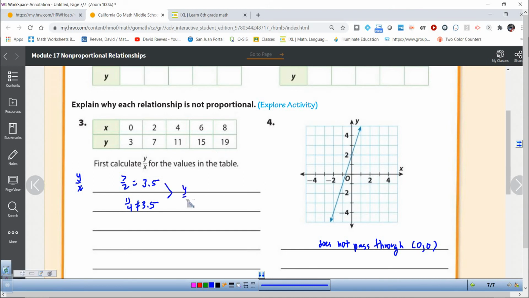So y divided by x is not a constant. Therefore, it's not proportional. Also, it does not contain (0, 0). Proportional relationships must contain (0, 0), but it doesn't, so it's not proportional.